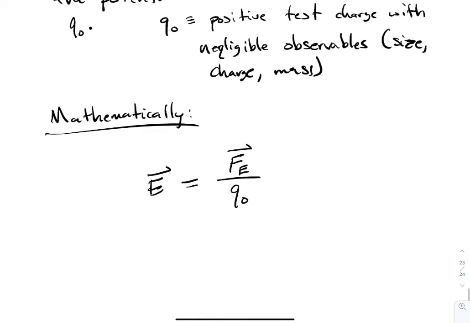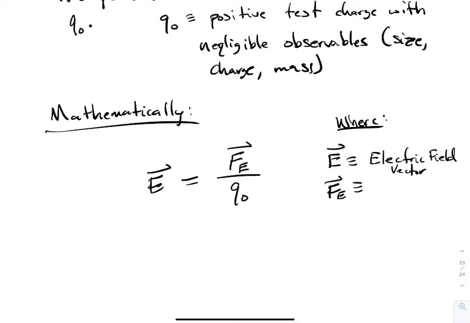But I'll define that E, so we'll say where E is the electric field. It will have the same direction as the electric force on our positive test charge, and Fe is the electric force. So let's say electric field vector and electric force vector, but on this one, the electric force vector on Q sub O.